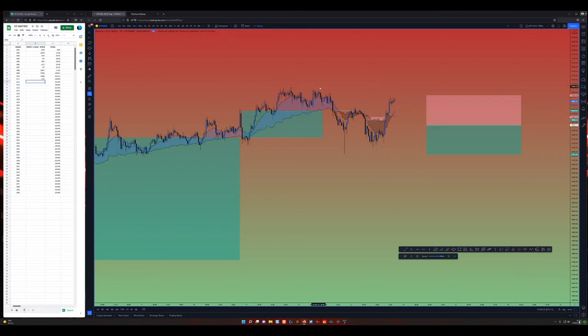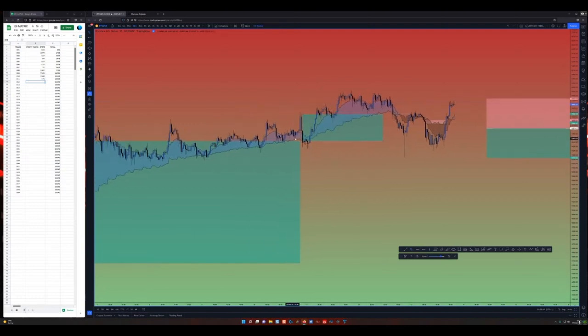I was basically recording the trades as this crossover comes in. As you can see here, we've broken below and then come back up here.